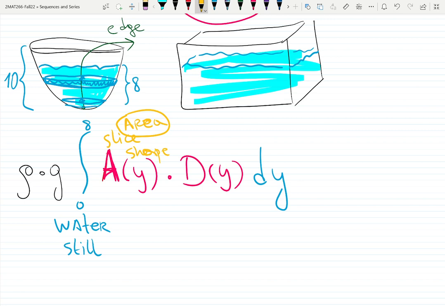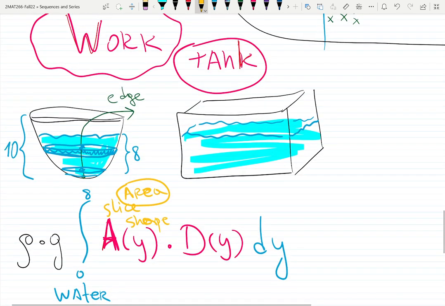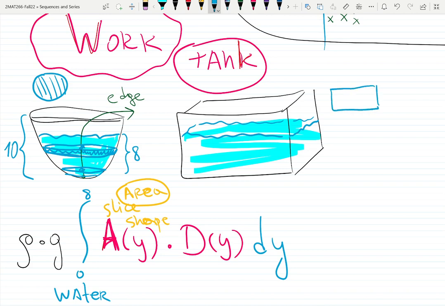So in the first case it will be a circle, in the second case it will be a rectangle, which I can draw for you here. The slice of water for the first case looks like a circle, and it looks like a rectangle for the second one. So area will be different. Pi r squared versus x times y, right? And so on. And other shapes were introduced to you as well.